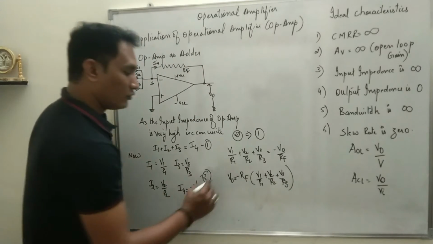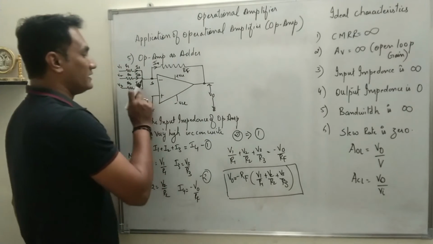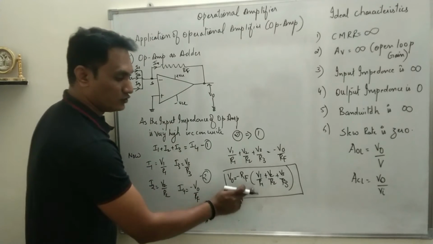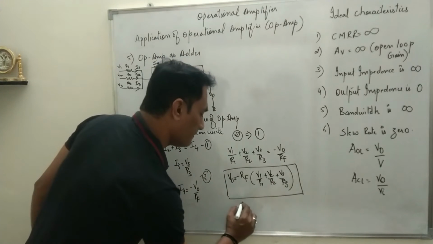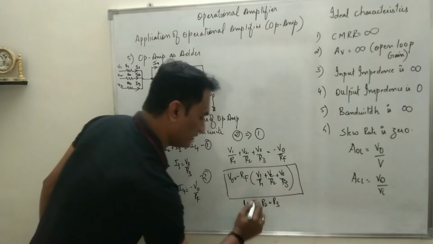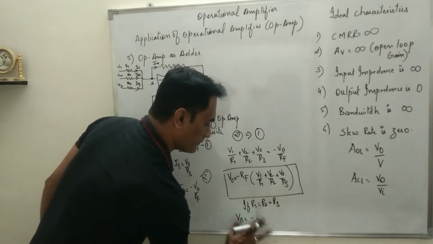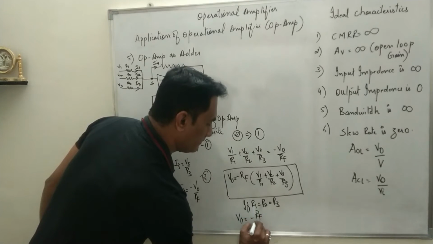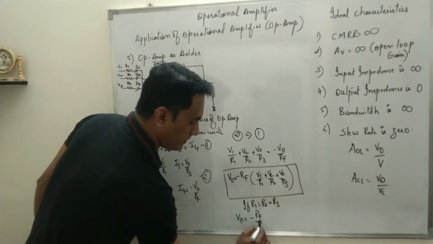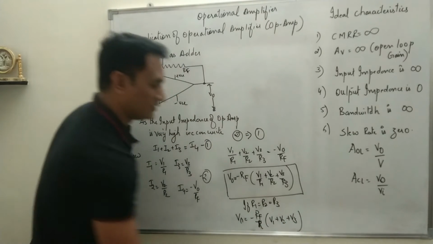So this is the output voltage equation in an op amp as adder when all the resistance values are different. If all the resistance values are different, you have to use this output voltage. If R1 equals R2 equals R3, we can write the same equation as minus RF upon R in bracket V1 plus V2 plus V3.